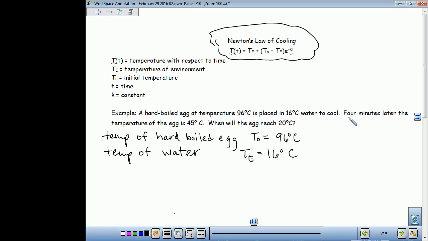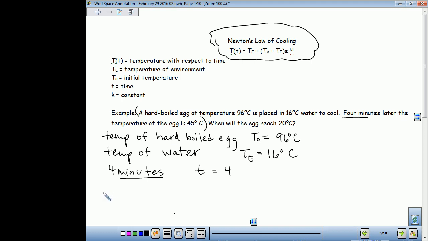Okay, and for us, the only time we have right here is it tells us 4 minutes later. So 4 minutes later, in our case, is going to represent our time. And we know it's measured in minutes.